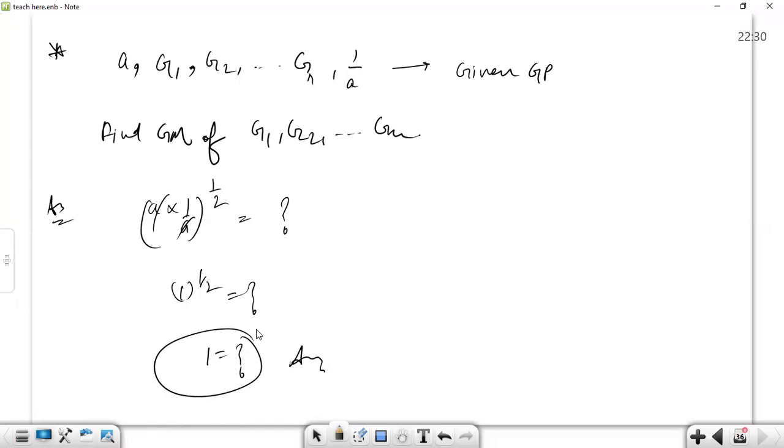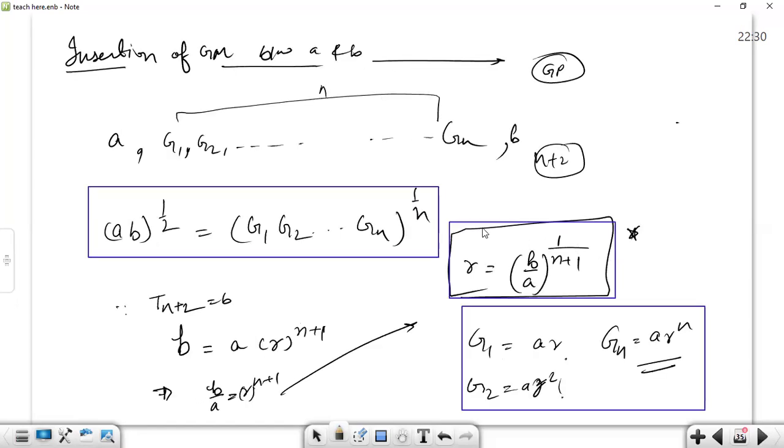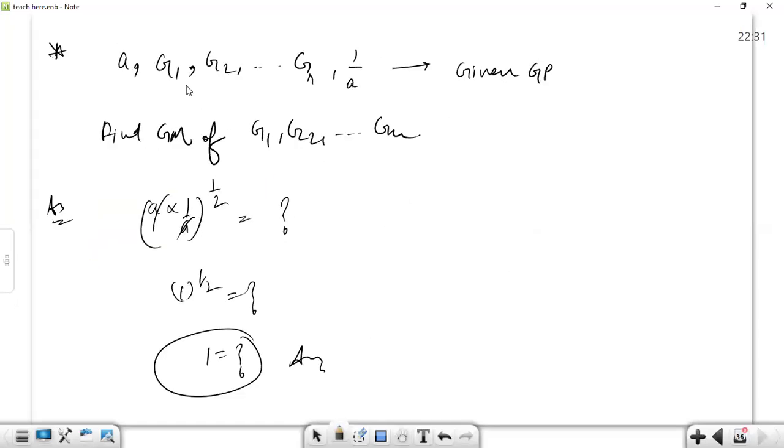Clear? Any doubts? No, sir. Basically, there are always no doubts, but please have some doubts. So basically, the geometric mean of these two terms and the terms between them are equal. So the same concept we have applied here also.